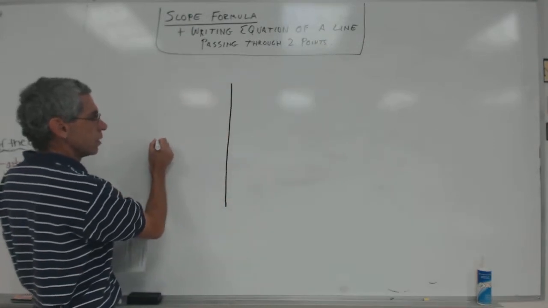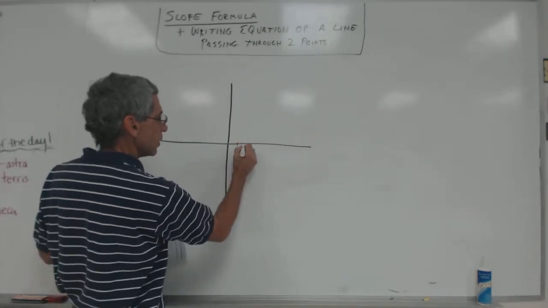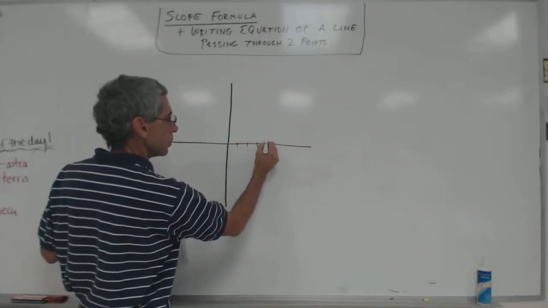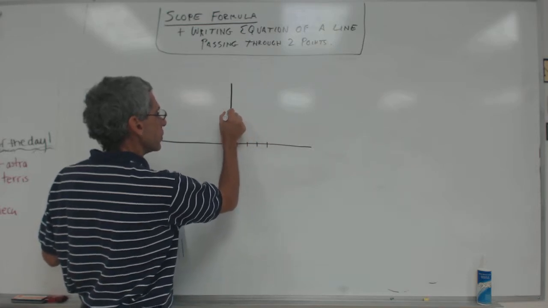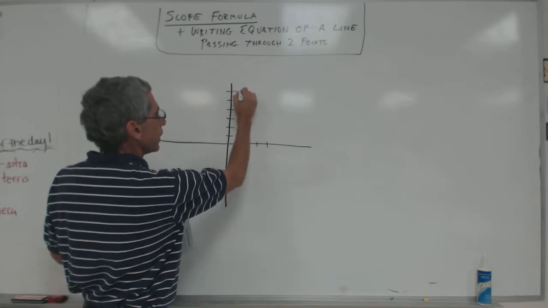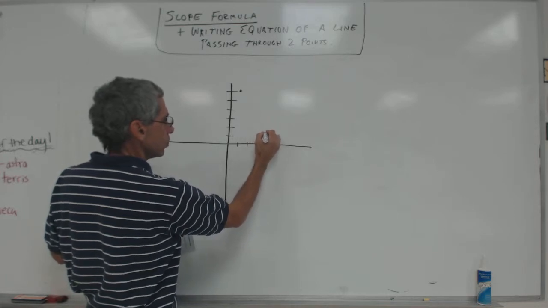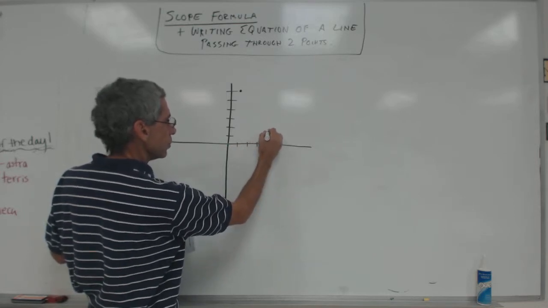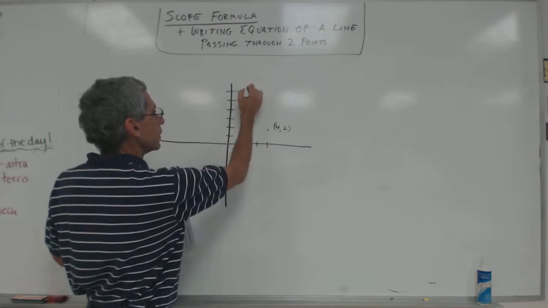Let's just try to draw a graph. Let's say we have the points 1, 6 and 4, 2. So this is 4, 2, and this is 1, 6.